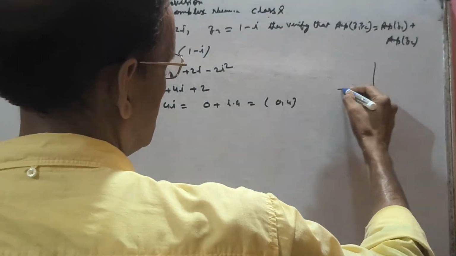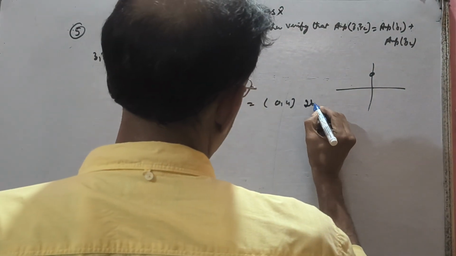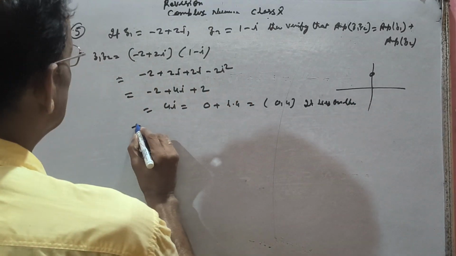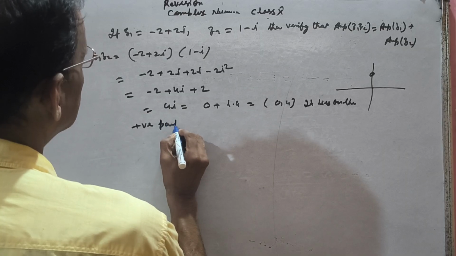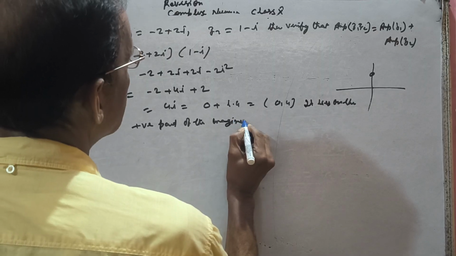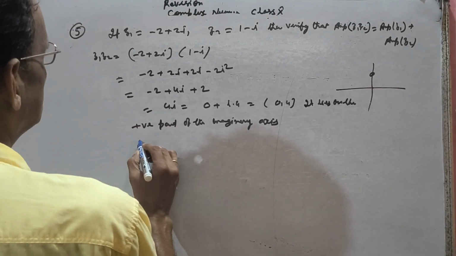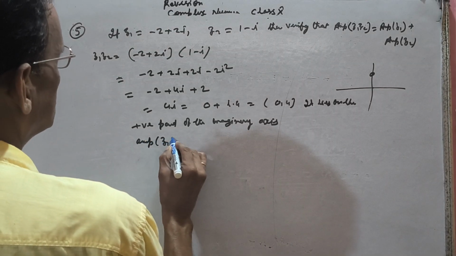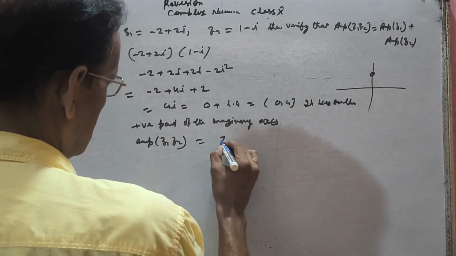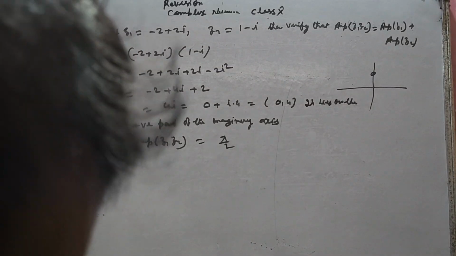See, (0, 4) will lie on the positive part of the imaginary axis. Okay. So therefore amplitude of Z1 into Z2 is equal to pi by 2 because it lies on the positive part of the imaginary axis.